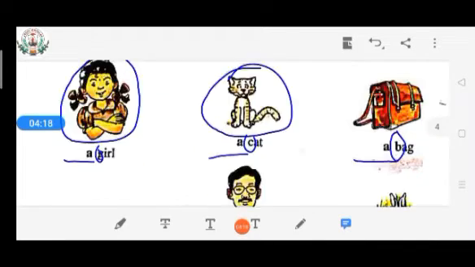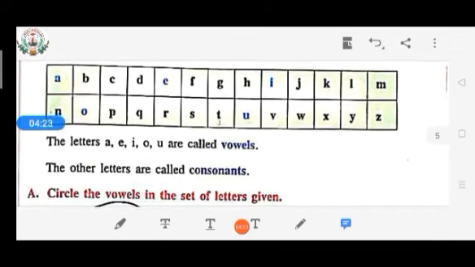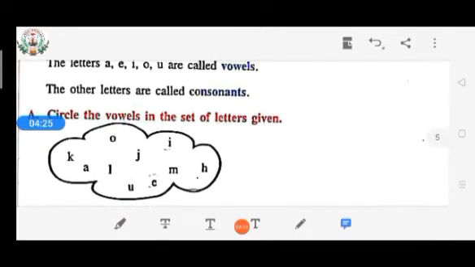Children, now I will give you book exercise. You have to write the book exercise in your English grammar textbook with pencil.